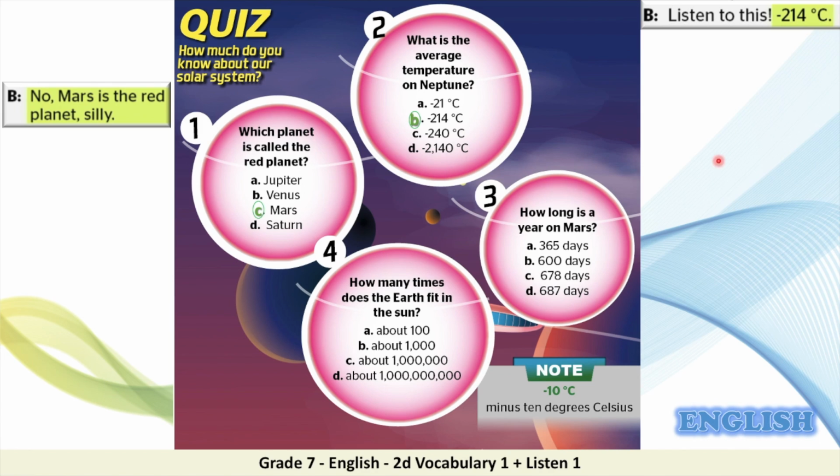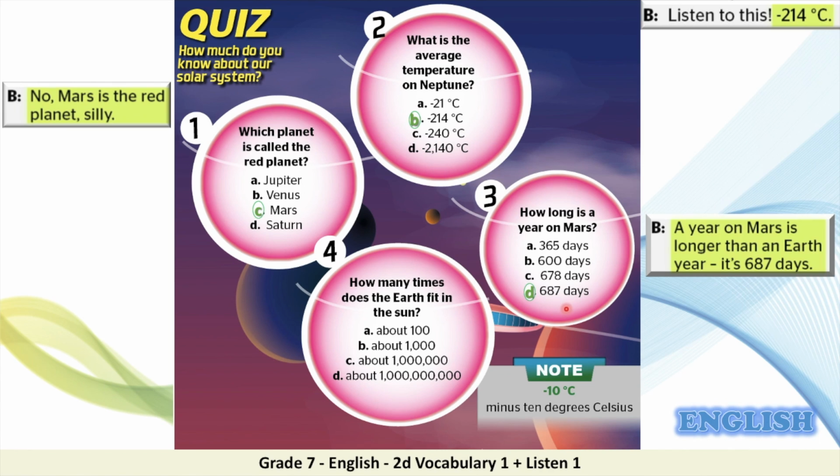3. How long is a year on Mars? Wonderful. 687 days. How did you know this? He said, a year on Mars is longer than an Earth year. It's 687 days.